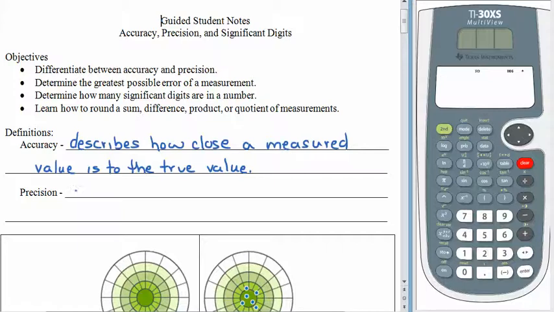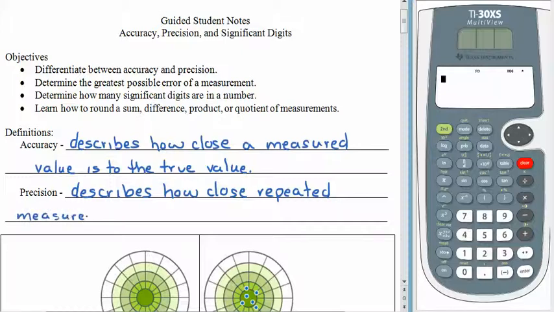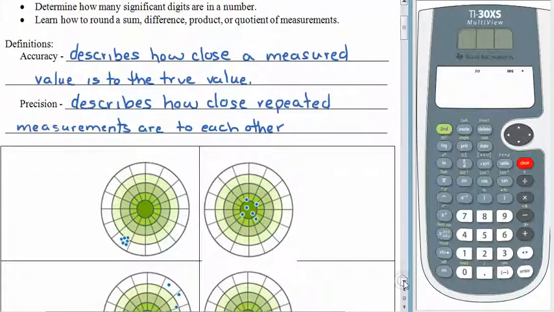So precision describes how close repeated measurements are to each other. All right, so it's probably better if we have some pictures.